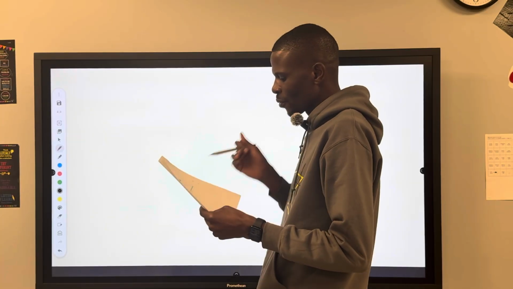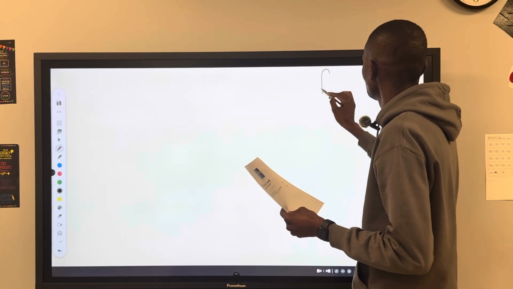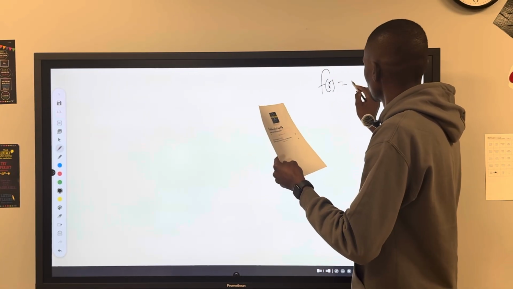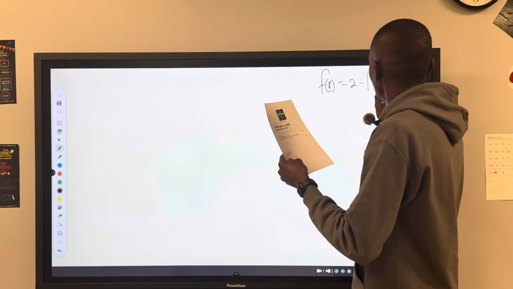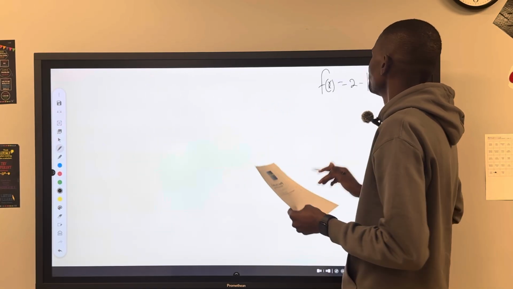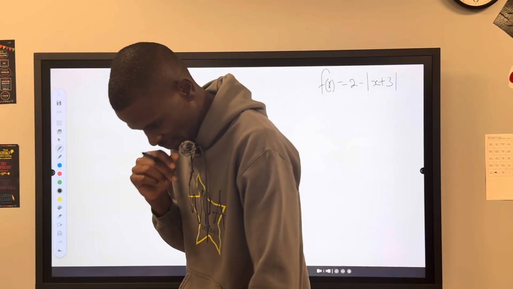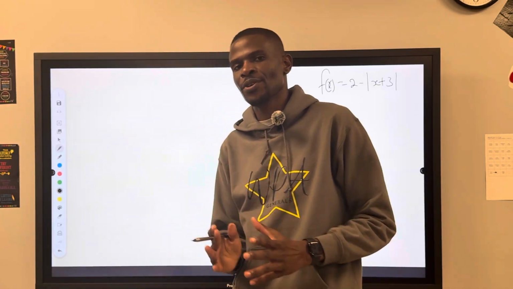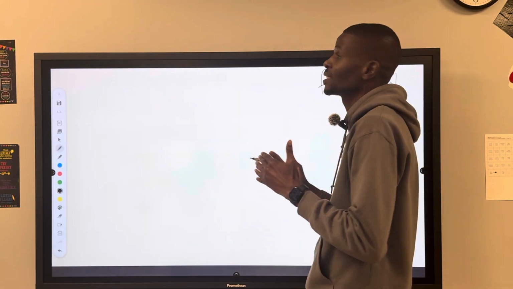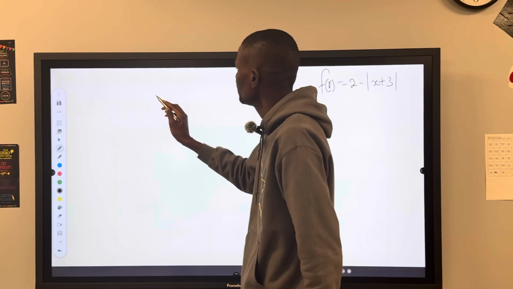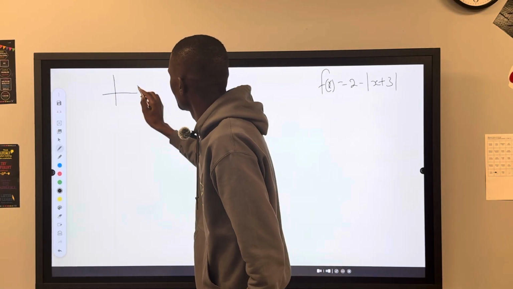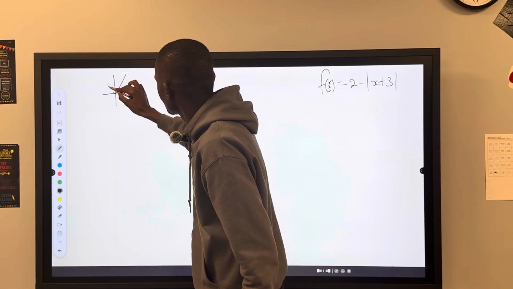All right, so I am going to put the function down here. So f of x is equal to 2 minus the absolute value of x plus 3. So guys, when you are graphing this, pay attention to the key points, right? I'm going to do it in steps, in stages. The first one, let's have our parent function graph.